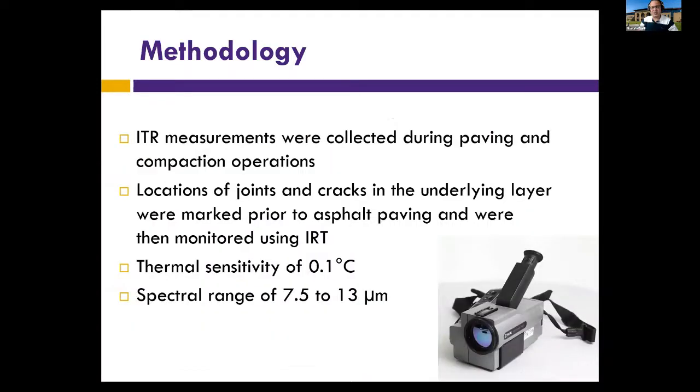On these 3 projects, we collected infrared measurements using this camera shown in this slide, and we kept monitoring the temperature during paving and during compaction. And we plotted the temperature measurements over time that we obtained from the field.